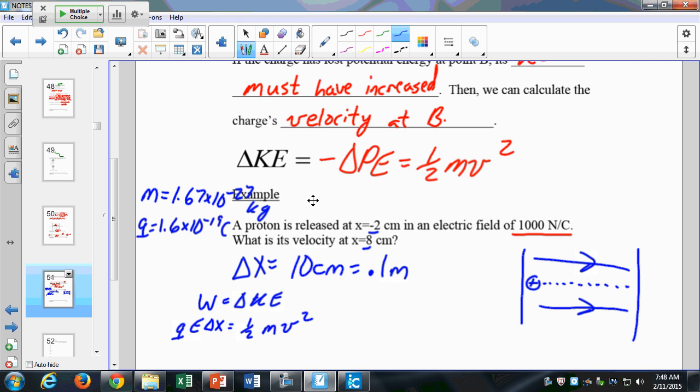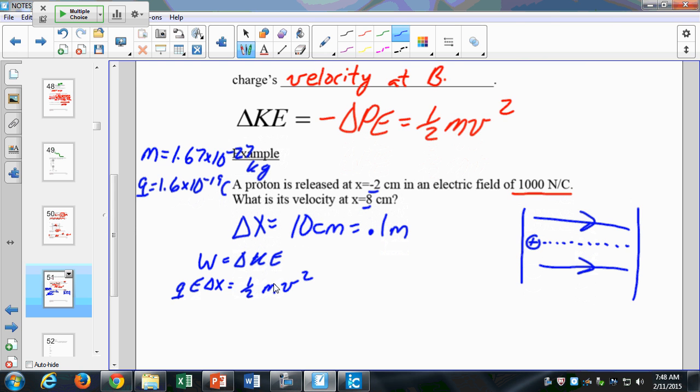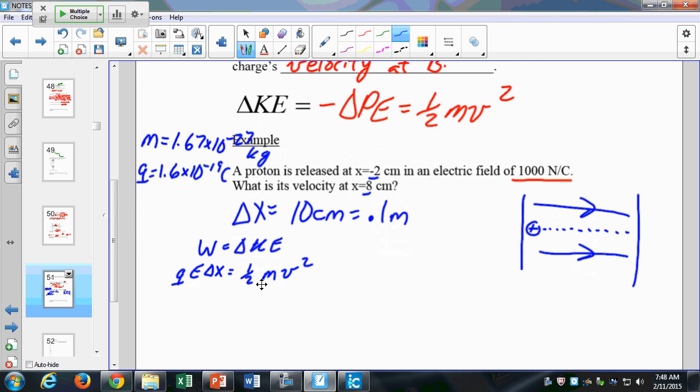Alright, what'd y'all get? Y'all get a velocity? Yeah, 10 to the negative 27 kilograms is the mass. Okay, yeah, that's right, 140,000 meters per second. Y'all agree with that? Okay.